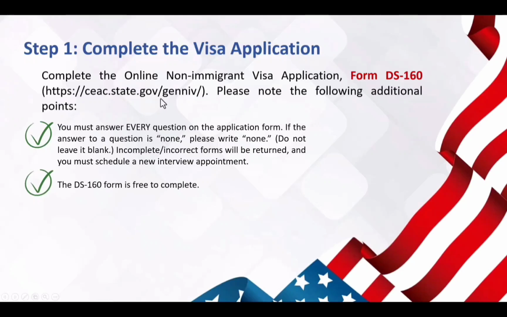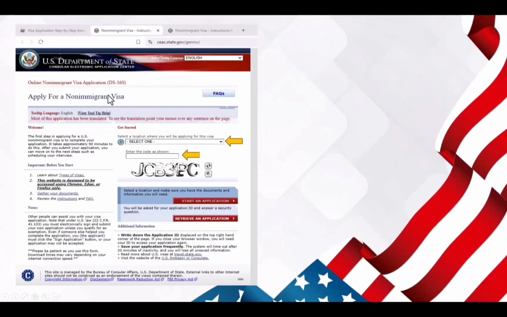So let's go to this website. I will show you guys the form DS-160 online. And here we are, online non-immigrant visa application DS-160. This is the first step in applying for a US non-immigrant visa. To complete your application, it takes around 90 minutes to do this.